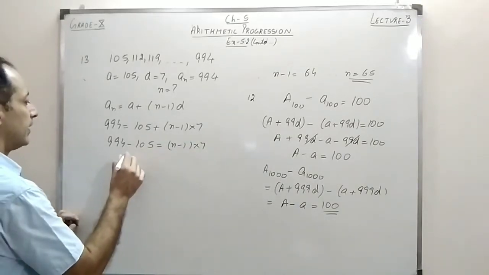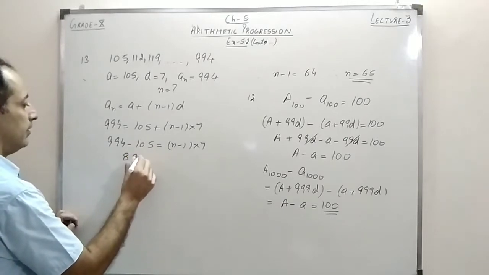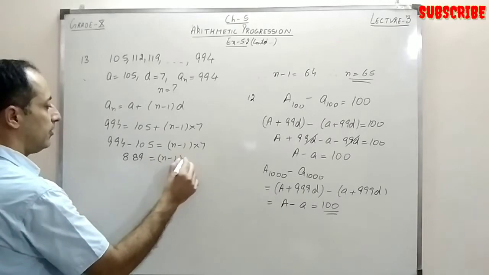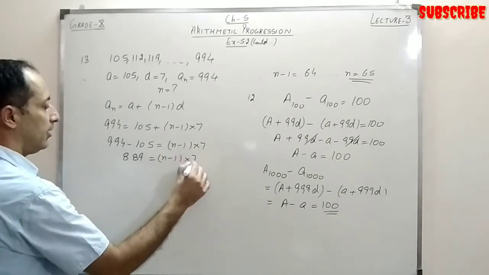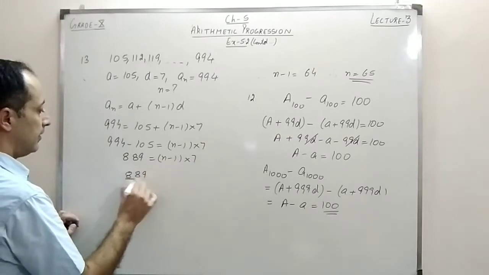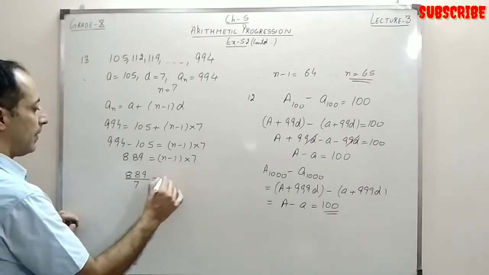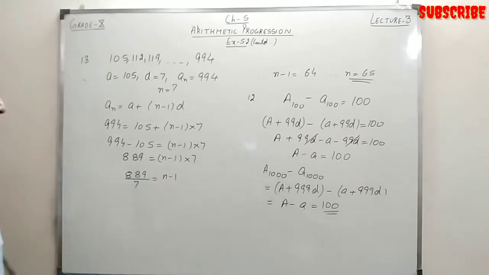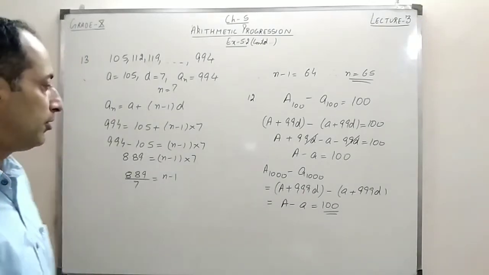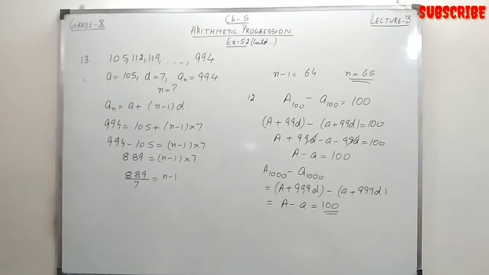This is 889 equal to N minus 1 into 7. You can divide by 7 on the left side, so this is 889 divided by 7. Right? And then you can proceed further to find the value of N. I leave this for you to do.